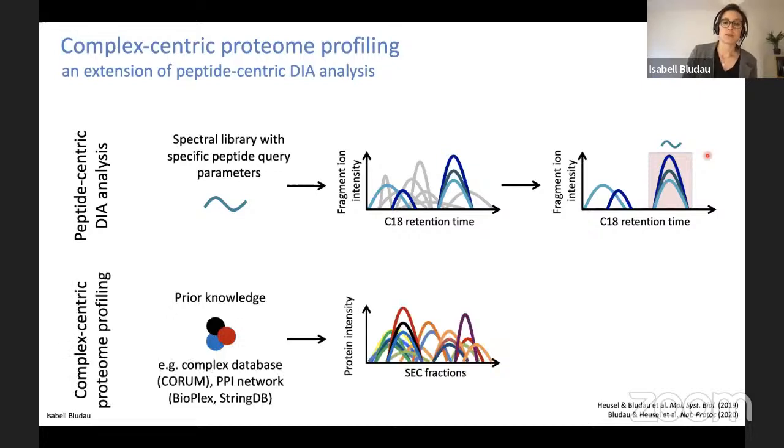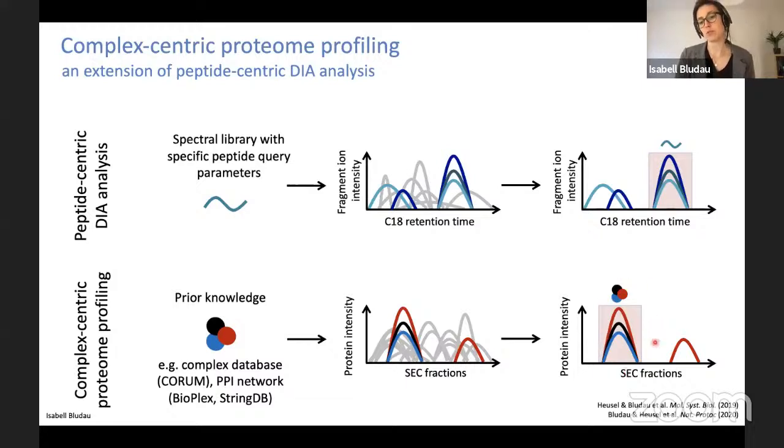In complex-centric proteome profiling, we use prior knowledge from complex databases such as CORUM. We then go into our highly multiplexed SEC profiles and extract only the protein chromatograms of our proteins of interest in the complex that we just queried. And then we try to find the protein coelution peak group of the complex in our data.